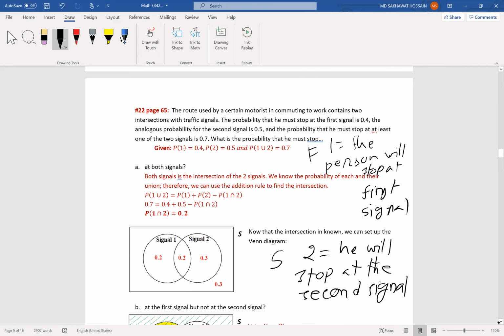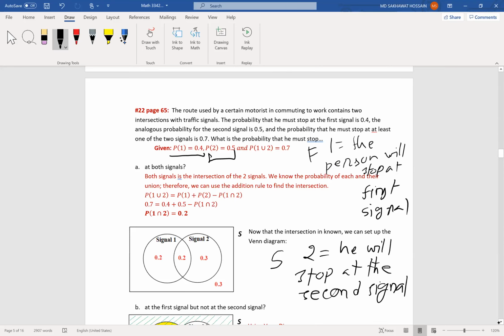So we are given that the probability of 1, that means the person will stop at the first signal, is 0.4, and the probability of 2, that means the person will stop at the second signal, is 0.5. And we have one more probability given, which is the person will stop at least one of the two signals.